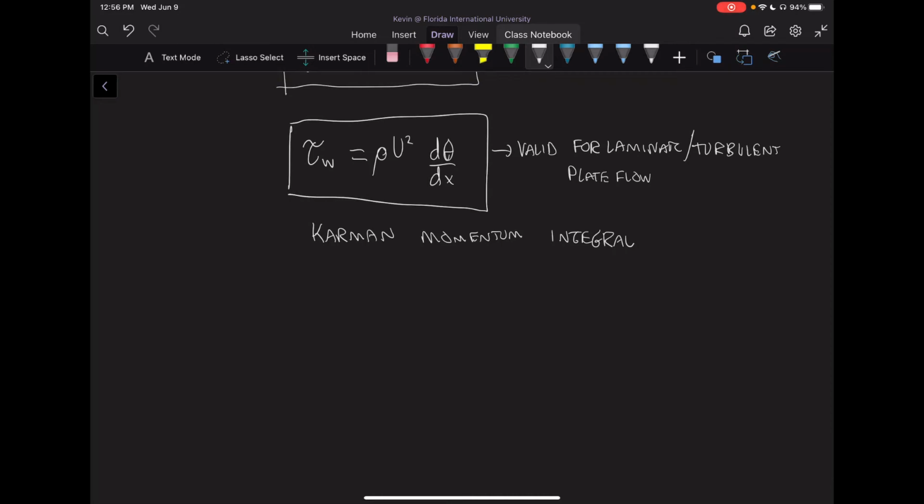So he said that through some derivations, delta over x would be equal to 5.5 over Reynolds x to the 1/2. And this is a term called the desired thickness estimate.